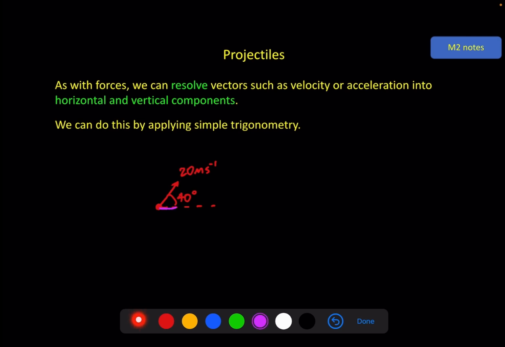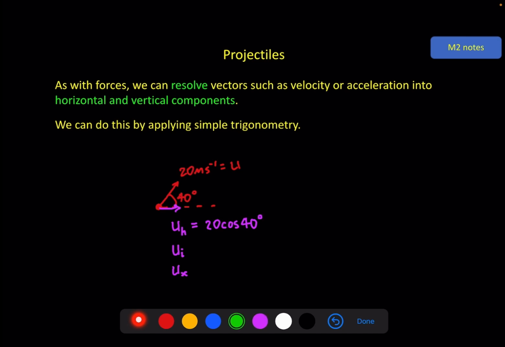Here in purple, the horizontal part, if I call this u, the initial speed, then I could call this maybe u subscript h for horizontal, or if you prefer i and j, or if you prefer x and y, whichever one you like, just be consistent. Then I hope that you already know what I'm going to write here. This is 20 times the cosine of the angle 40 degrees.